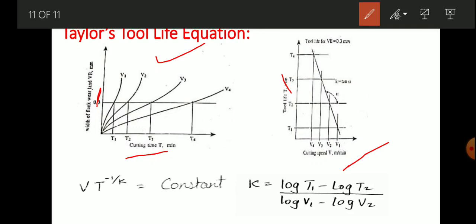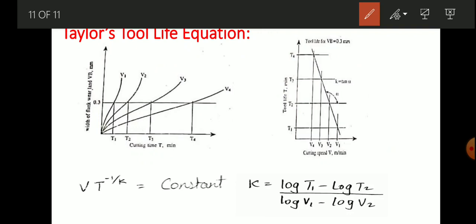As we can see in the figure, the tool life values for different cutting speeds are read from the graph. The values of tool life and cutting speed show a straight line relationship when plotted in a log-log graph, shown in the figure.